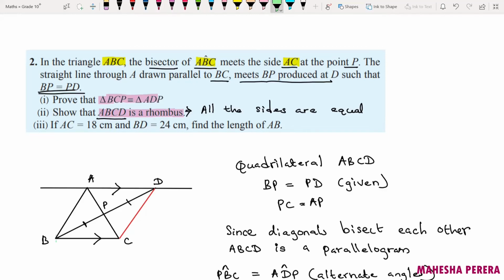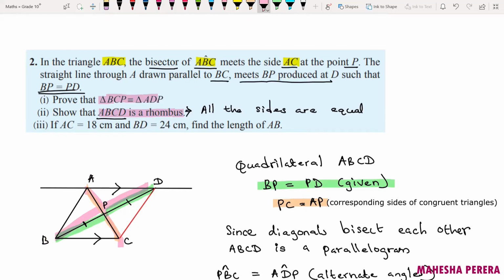Now it's given that BP equals PD. So we write BP equals PD given within brackets. Then we can say AP equals PC. Now can you see the diagonals of this quadrilateral bisect each other, right?